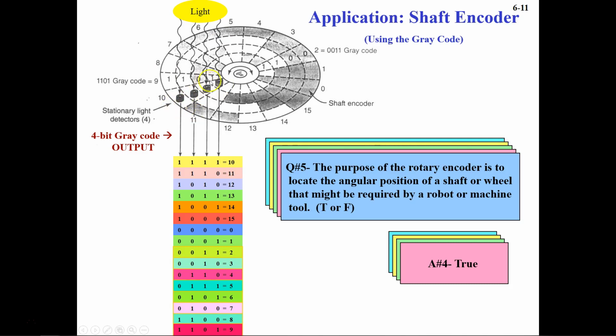So with the help of this method, we can easily detect that. So in robots, you might find the shaft encoder used to find out the precise position.